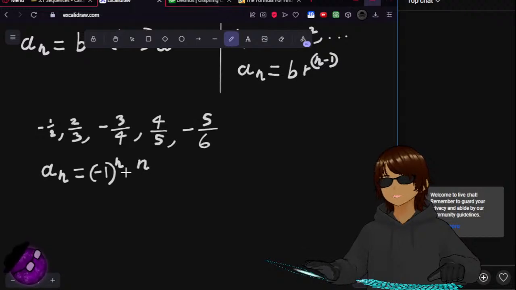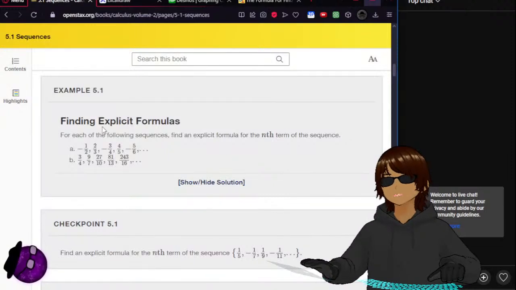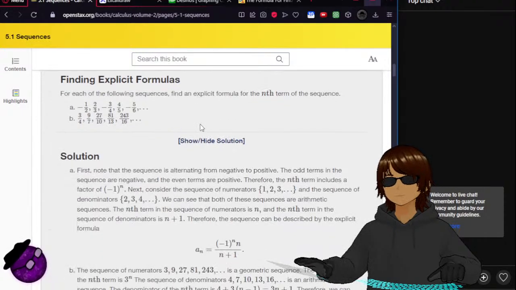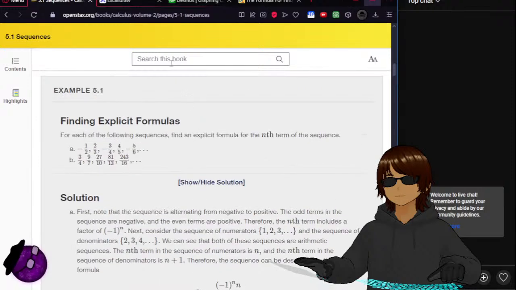We can define it by n itself, right? So n is equal to 1, negative 1 over 2, n is equal to 2, 2 over 3, n is equal to 3, negative 3 over 4, n is equal to 4, 4 over 5. Is this correct? Yes.